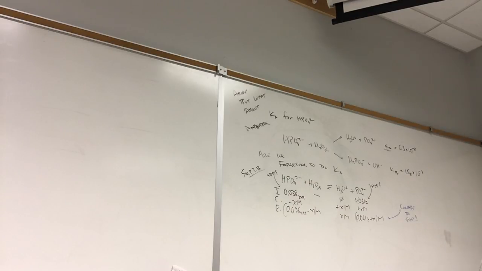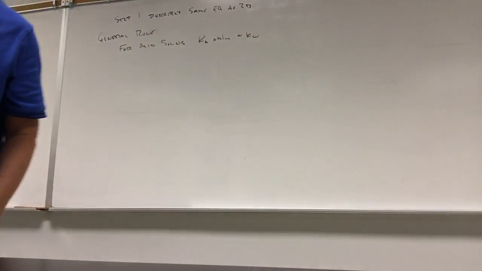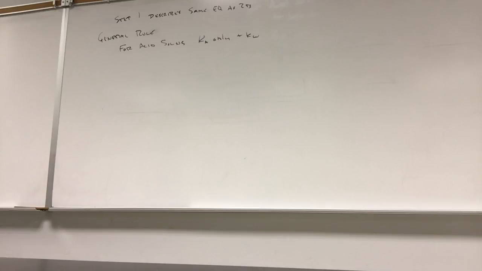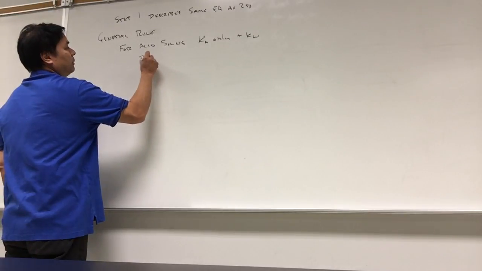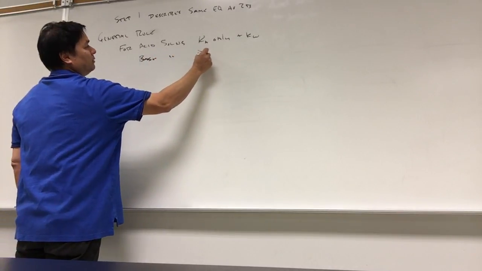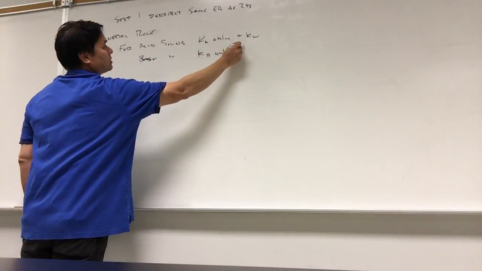So if you're dealing with an acid, even if you have amphoteric species present that can do either a Ka or a Kb collision, you only consider the Ka collision. The Kb collision would actually be a redundant calculation because you'd already have it. So for base solutions, we do Kb only plus Kw.